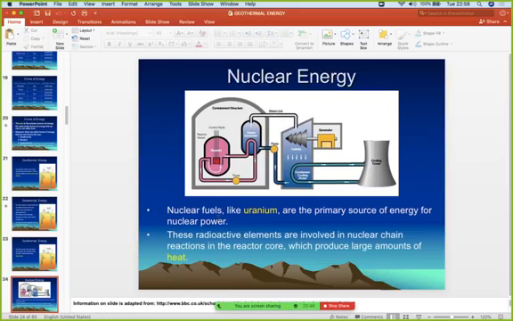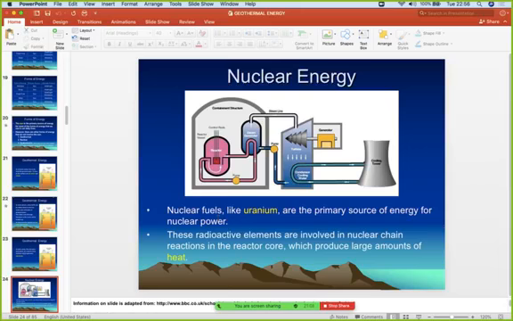This steam, we have the steam generator. The steam generator will go to the turbine. The turbine will turn and then drive the generator, creating electrical energy.